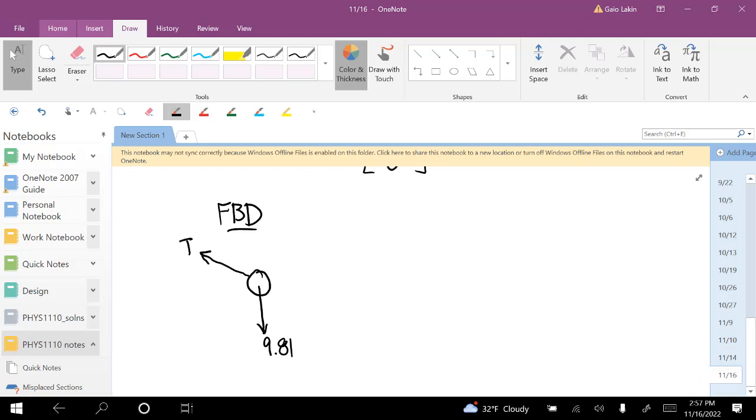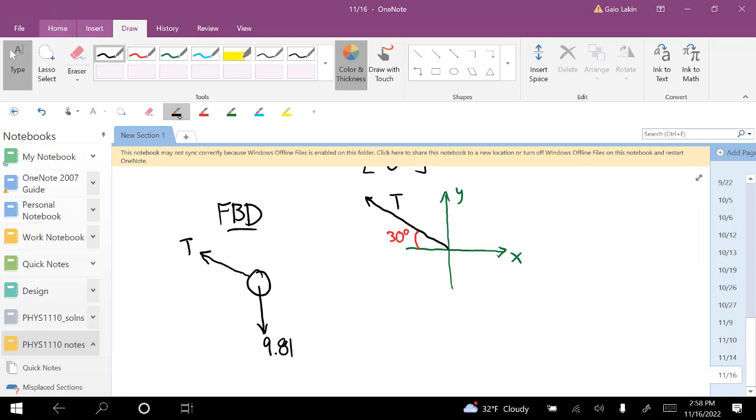Well, we're going to have to represent this cable force as a vector for Newton's second law. So let's just do that now. If this is our coordinate system, and this is the vector, it has a magnitude of T. We know that this angle is 30.